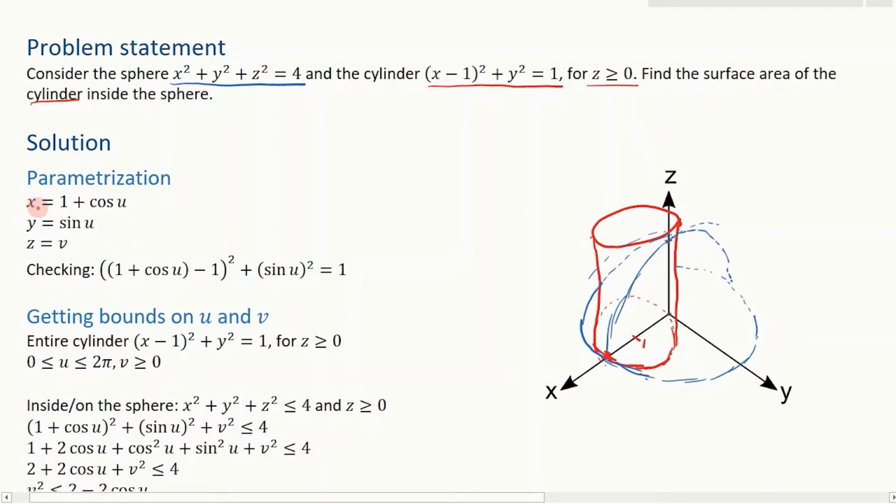Let's parameterize the cylinder. If we had a cylinder centered on the 0, 0 point, x squared plus y squared equals 1, then the parameterization would be x equals cosine u, y equals sine u, and z equals some other variable v.